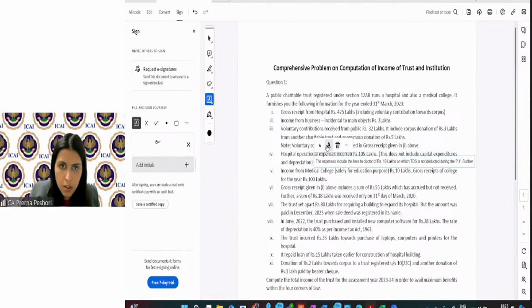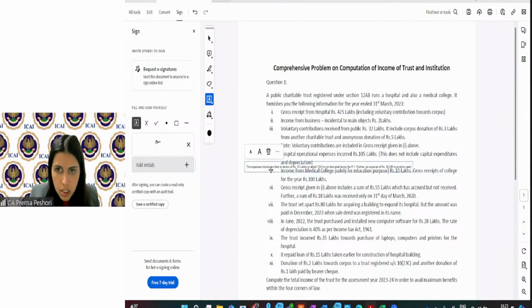Further, an expense of rupees 30,000 incurred in cash for repair of hospital.